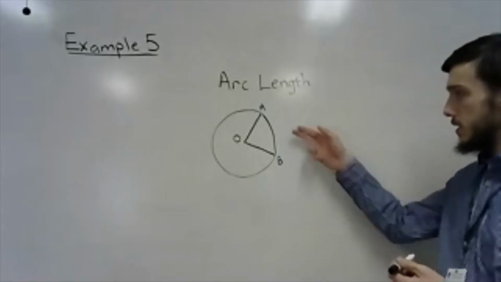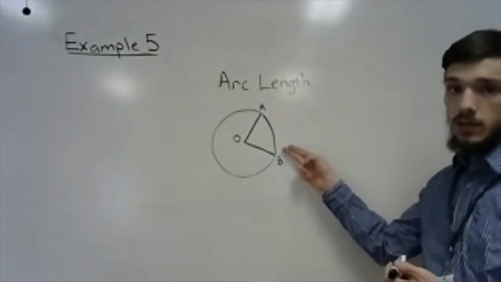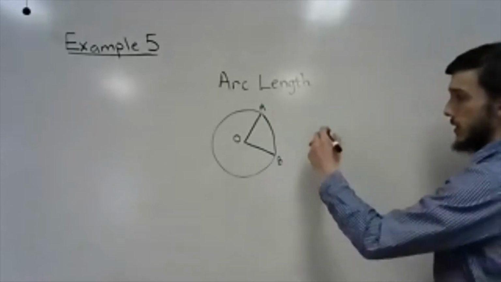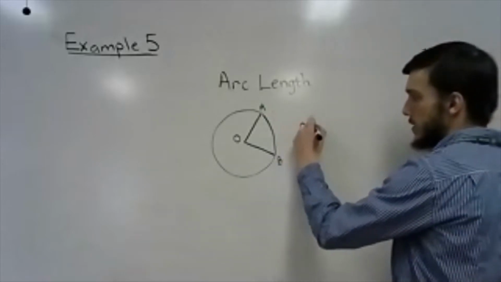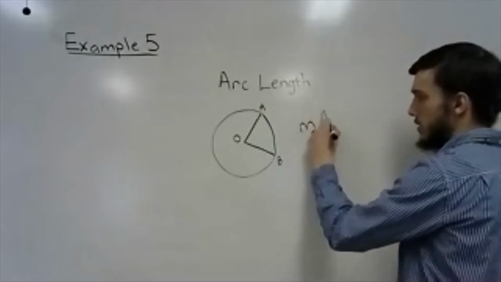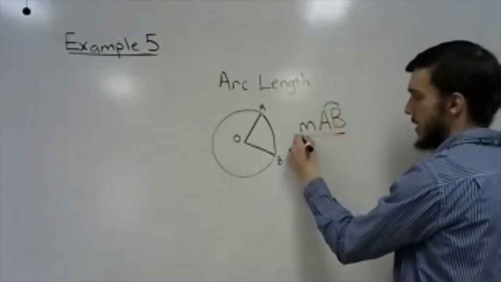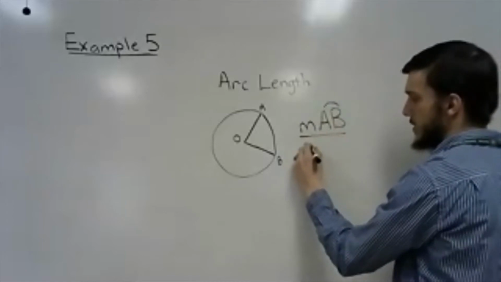So if you wanted to find the arc length of arc AB in this example, you first have to take the measure of arc AB and divide that by 360.